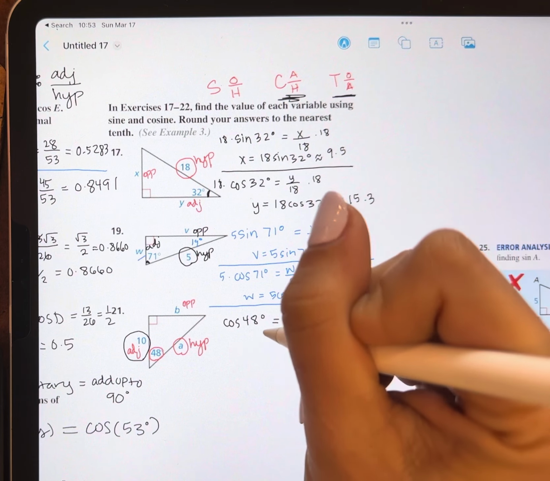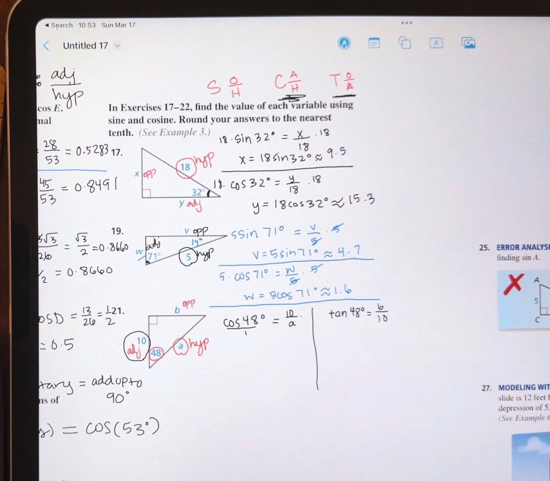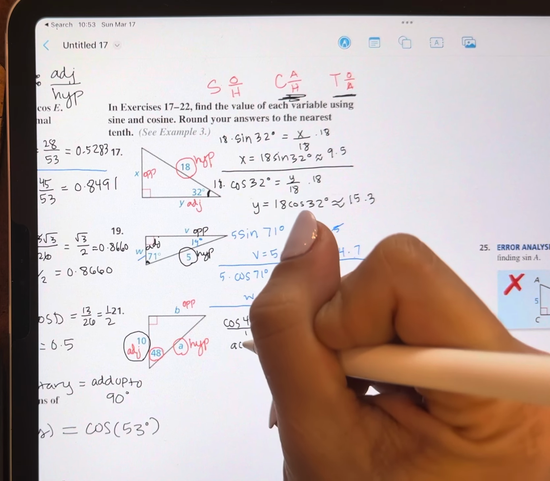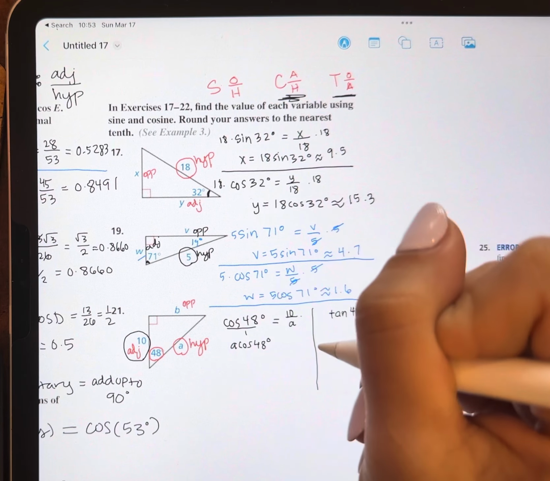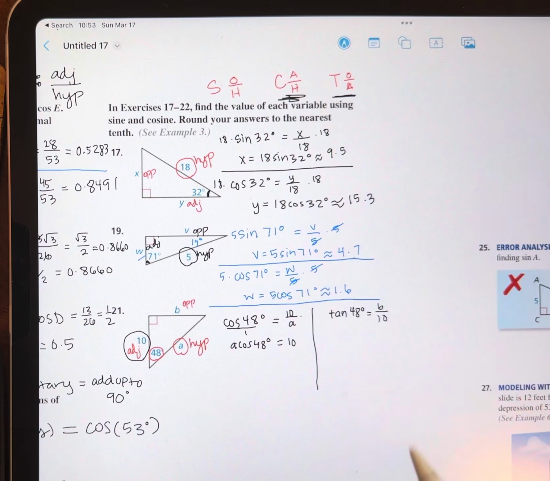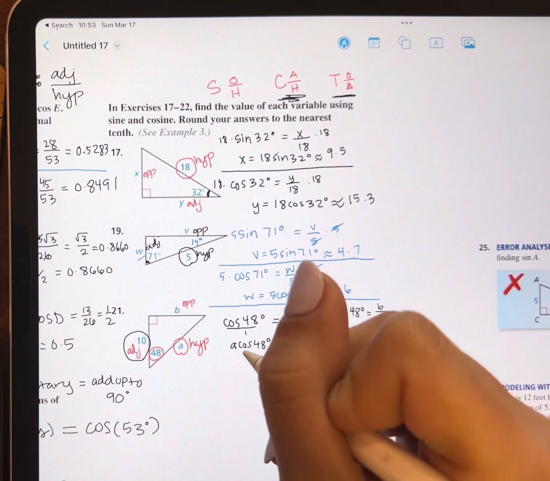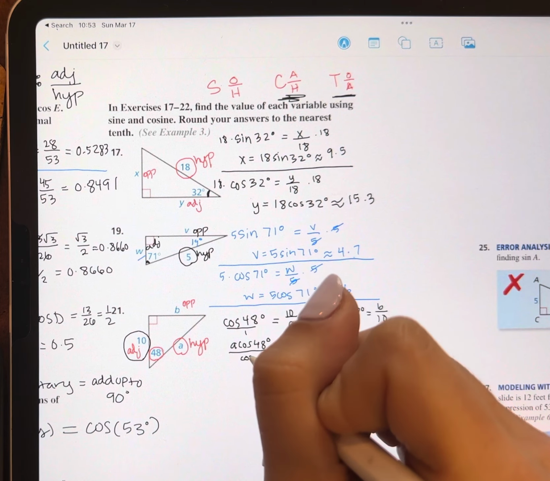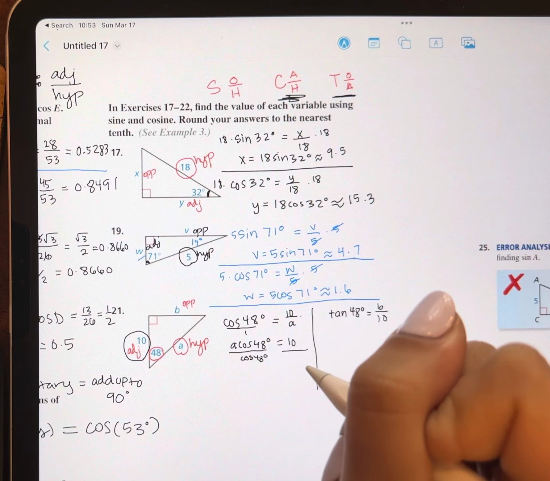Alrighty, so now we can cross multiply and we get a cosine of 48 equals 10. Now again, if you remember the shortcut I told you in the other video, you could switch cosine 48 and a. That's a shortcut, but the correct process is this.